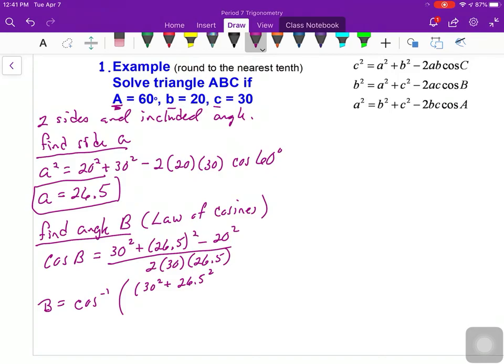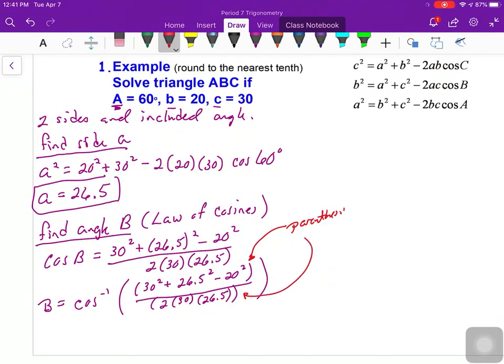Now we actually end up using the inverse cosine. So I'll have 30 squared plus 26.5 squared minus 20 squared, all of that divided by 2 times 30 times 26.5. Now you'll notice that I included the whole top in a parenthesis and the whole bottom in a parenthesis.